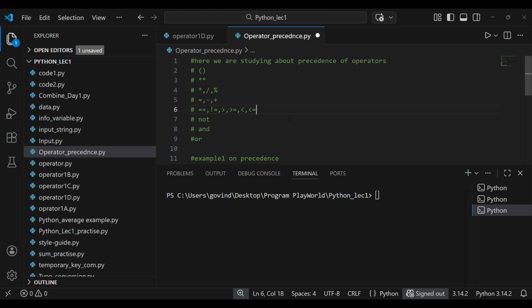And at the end, it follows the logical operators, which include not, and, or: these three types of operators.